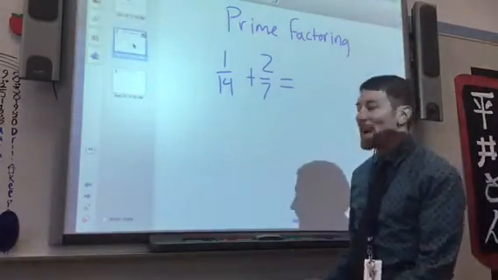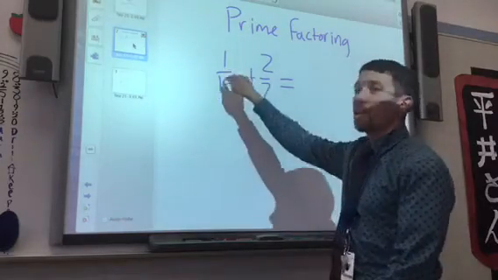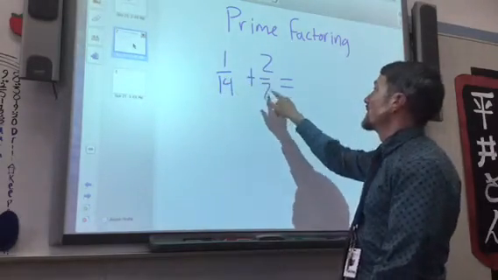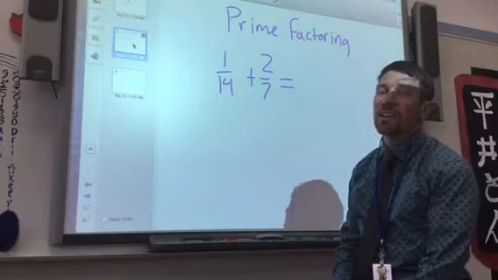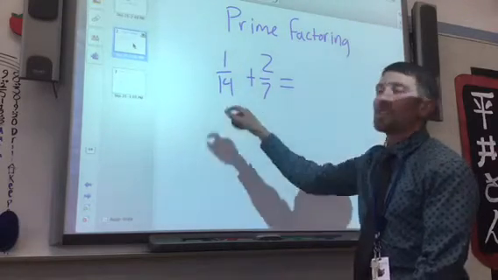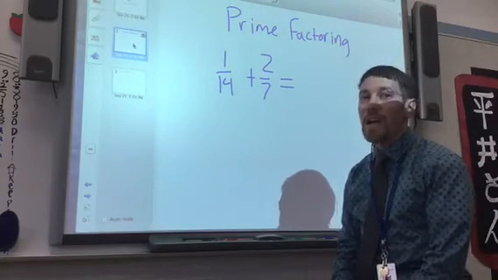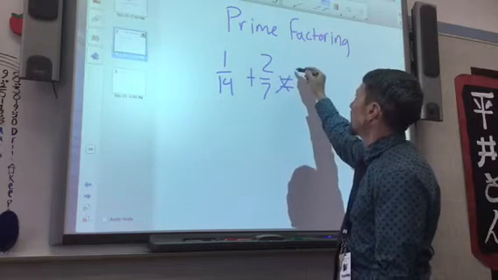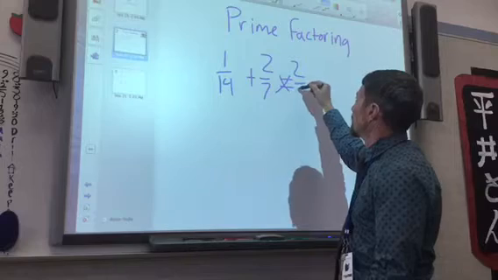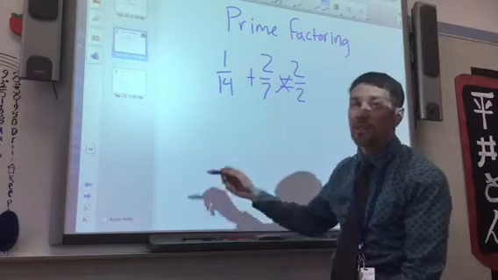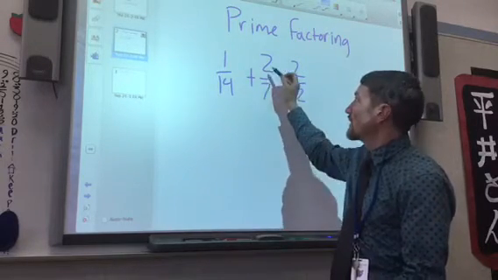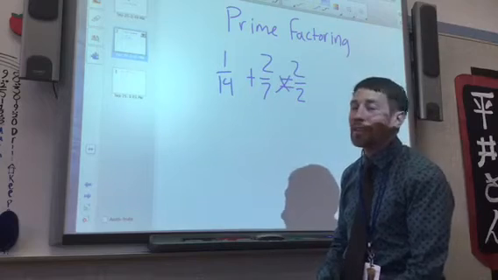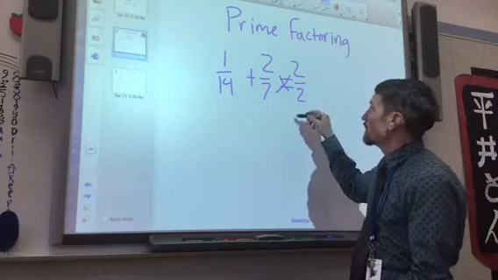And I'll go over both of those methods right now. Here's an example of prime factoring. I have 1/14 plus 2/7. Well, I know that 7 will go into 14 by a factor of 2. So all I have to do is multiply by a factor of 2. Anything I do to the bottom, I have to also do to the top. So I'm going to rewrite the problem down here.